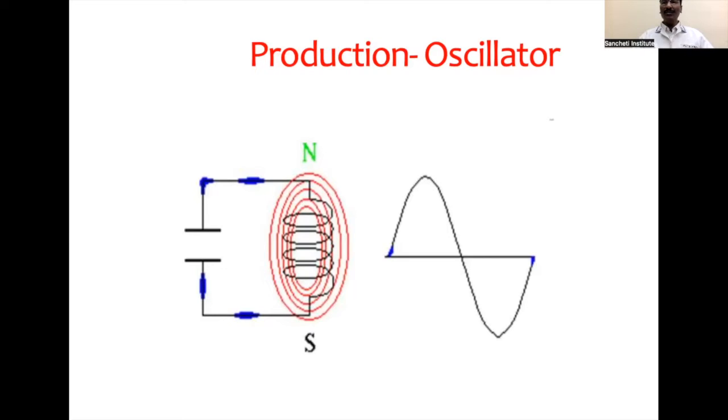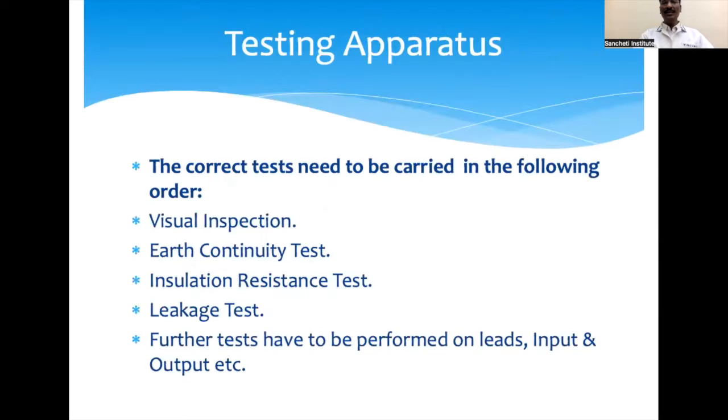Every combination of capacitor and induction coil gives a different frequency. So in shortwave diathermy, the set of capacitor and induction coil is selected such that the result is high frequency current at the rate of 27.12 megahertz. That is the basis for the production of shortwave diathermy.